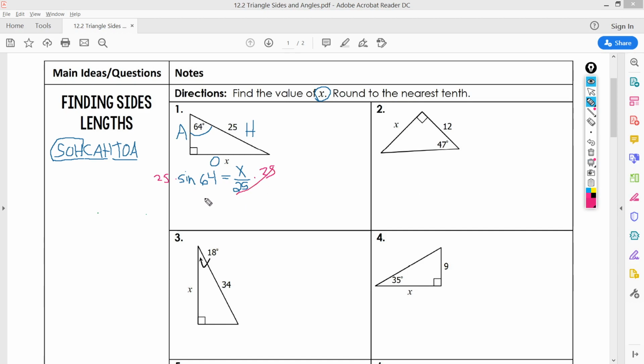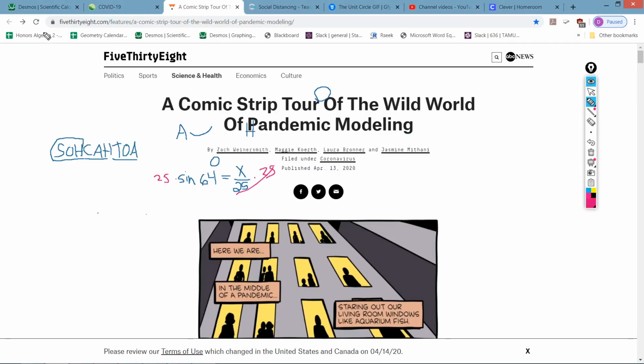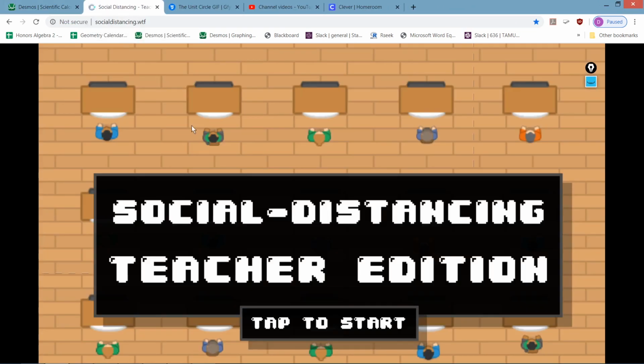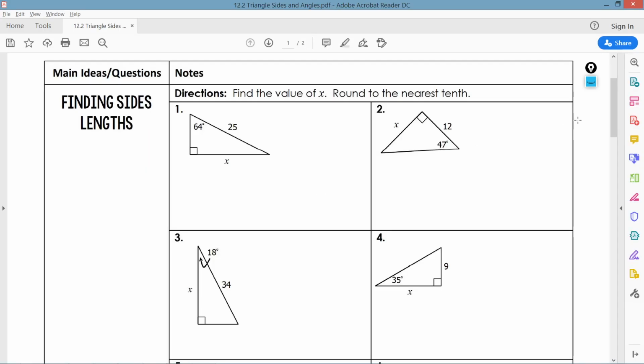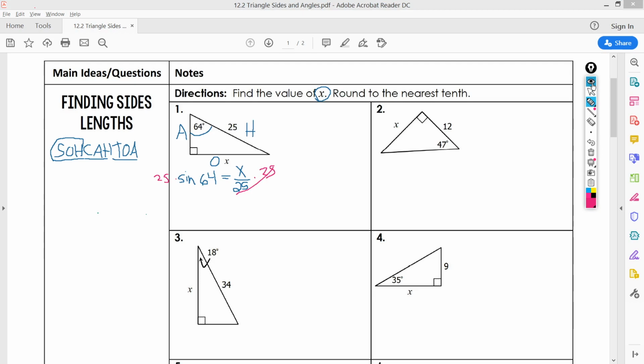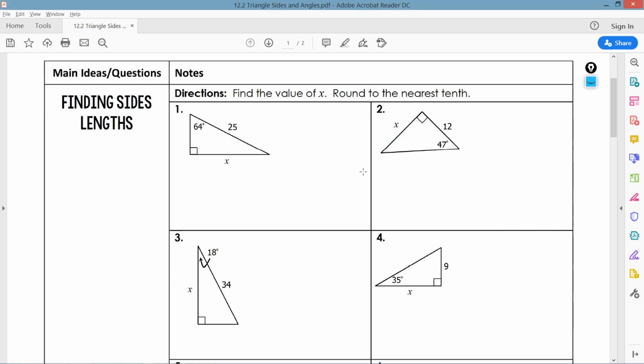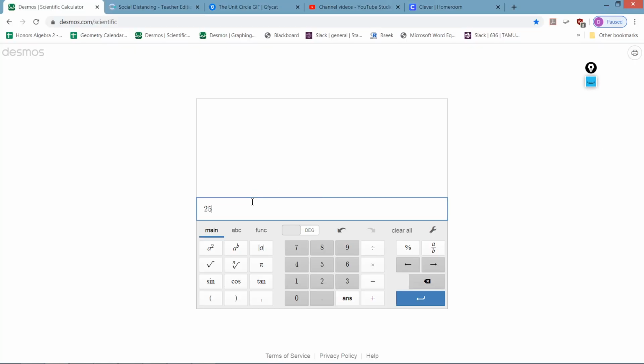The 25s cancel. So X is equal to 25 times sine of 64. How do I do that math? Well, I go to Desmos. 25 times sine of 64.